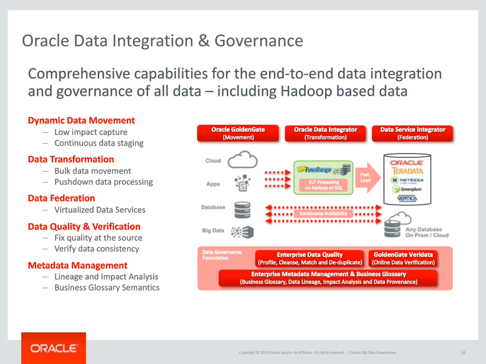We're looking to align this technology from Oracle, the Oracle GoldenGate technology, with all of these newer capabilities in big data. We're also continuing to leverage, from a data transformation standpoint, the power of the Hadoop engine.